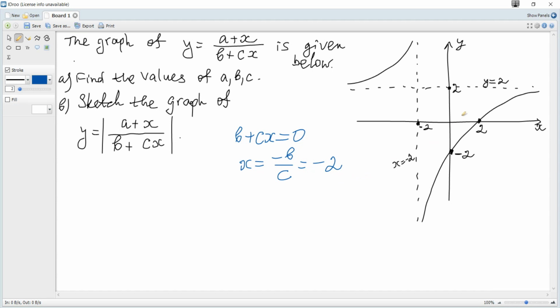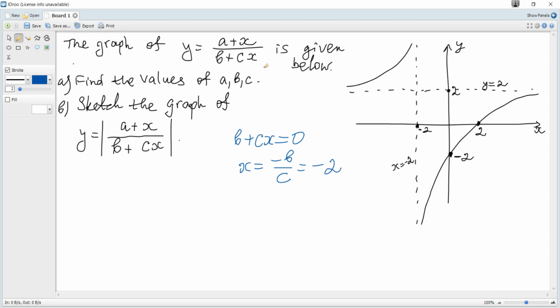And also there is a horizontal asymptote, and a horizontal asymptote arises when x tends to plus or minus infinity. Actually we should consider the limit when x tends to plus or minus infinity, and when x is very large, positive or negative, we take into account only the largest powers of x and ignore all other powers.